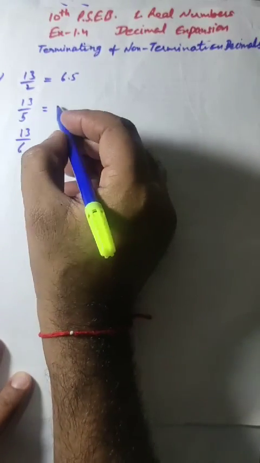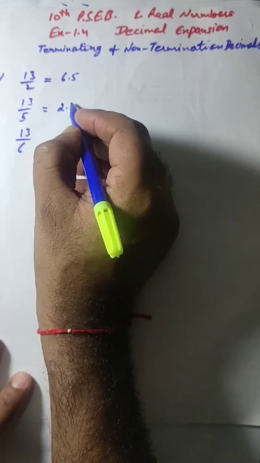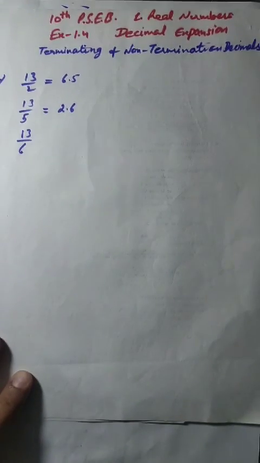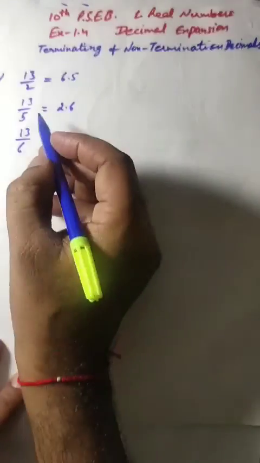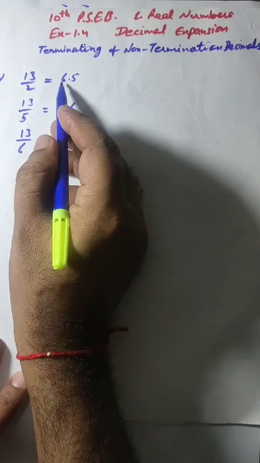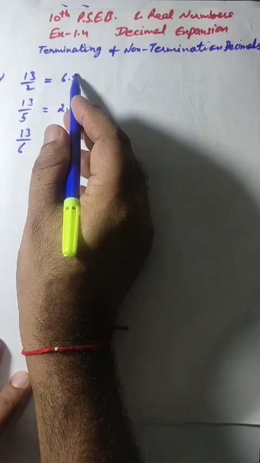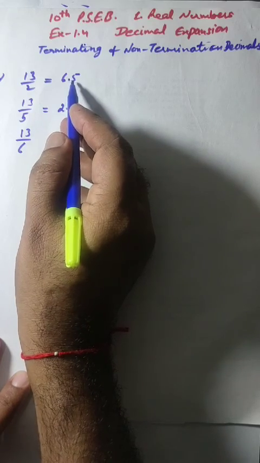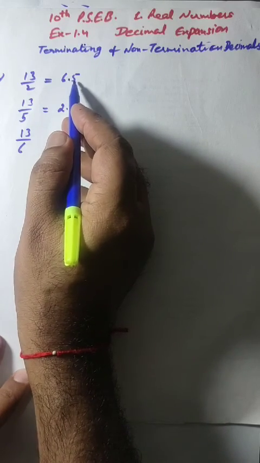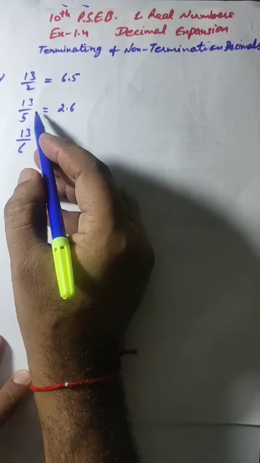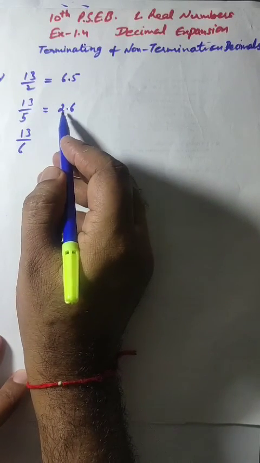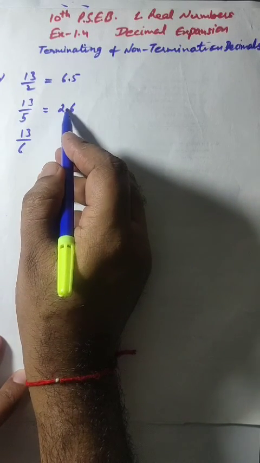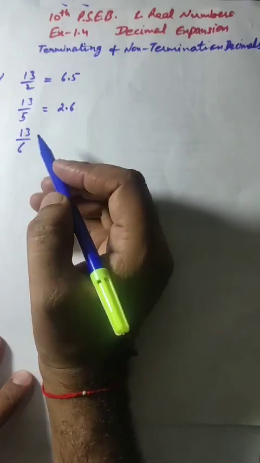Let us solve this. We'll get 2.6. Now we have divided 13 by 2, we get 6.5, which is a terminating decimal. If the decimal ends at some place, that is called a terminating decimal. And 13 by 5 is also a terminating decimal because it ends at 6.